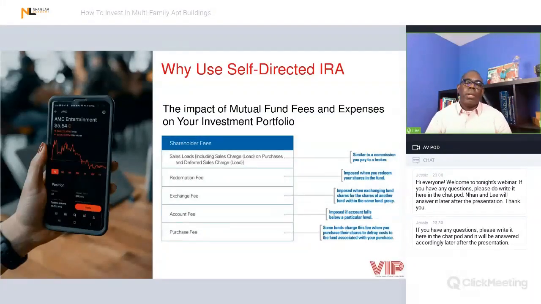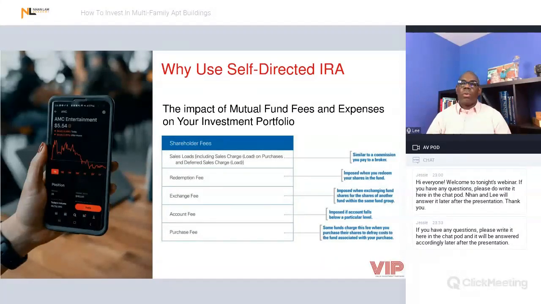And what I typically talk about, and you might have heard the theme that I had overall, is that you want to be in control of your future. You want to take control from the mutual fund companies, from whomever, and you want to be in control of that investment for your retirement.